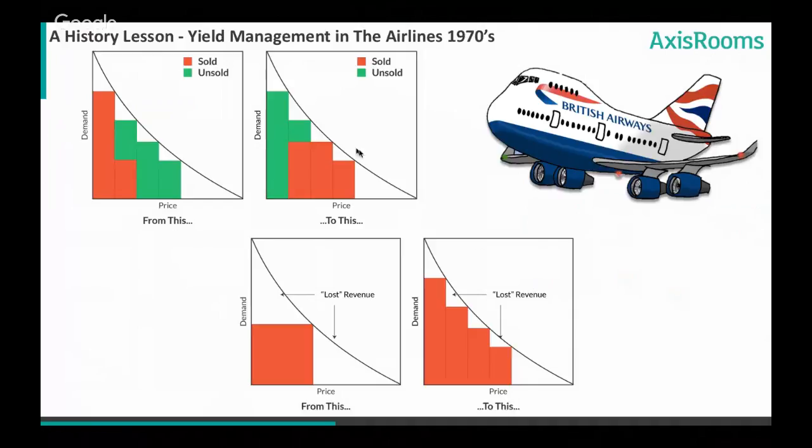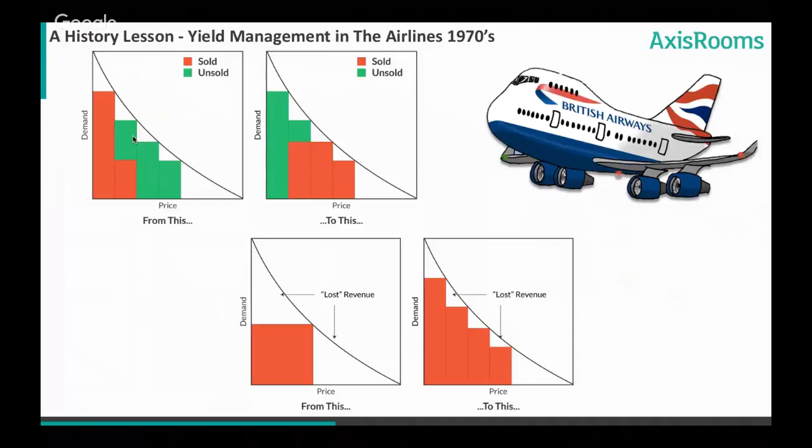You can see here on my first figure, the areas under the curve represent all the demand for a flight by price. There is more demand for the flight than available seats. Now, leisure travelers tend to book further in advance and they are more price sensitive.